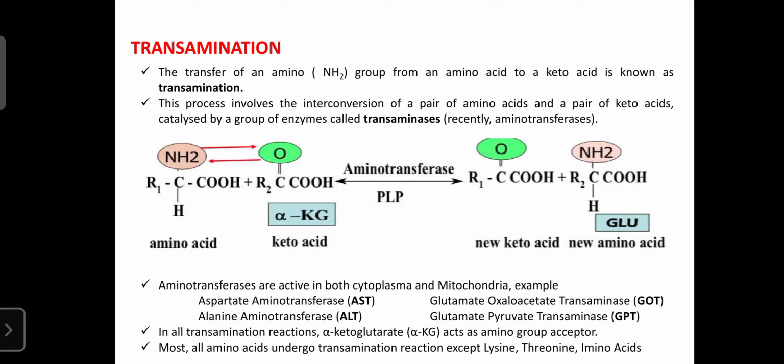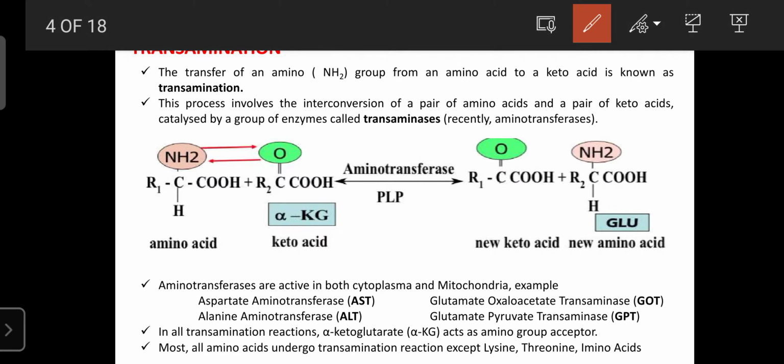Simply, transamination means the transfer of the amino group from an amino acid to a keto acid. That is, the amino group from the amino acid to the keto acid.